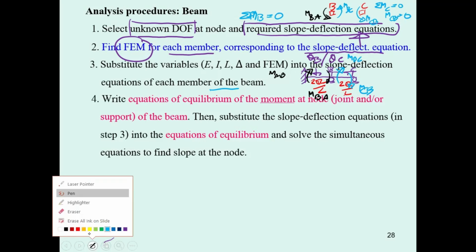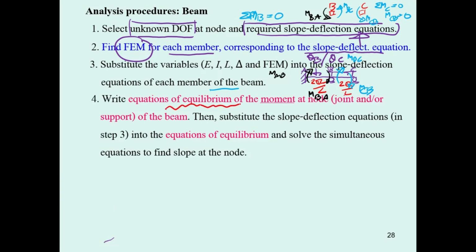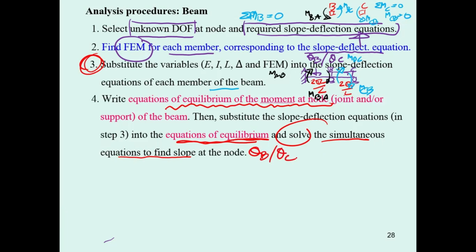What Ajahn put in the example means that you have to write the equation of the moment at the nodes, node B and node C, for theta sub B and theta sub C. Then you put the end moments from the third step into the equations of equilibrium, and solve the simultaneous equations to determine theta sub B and theta sub C for this specific problem.